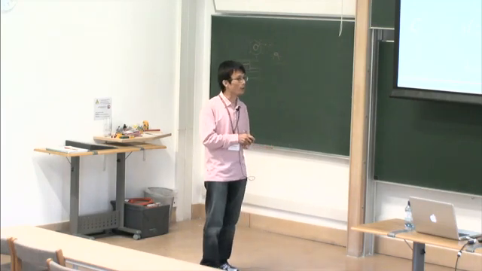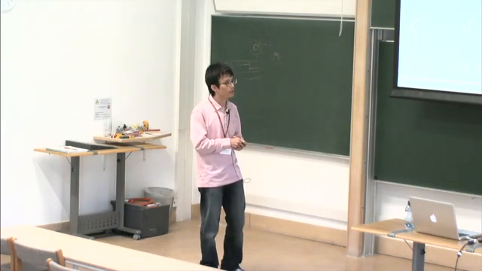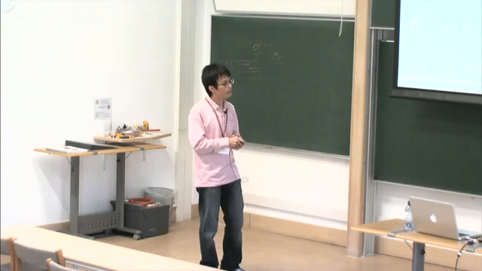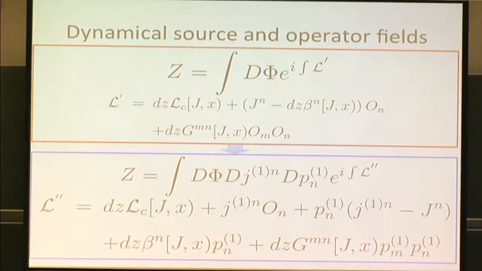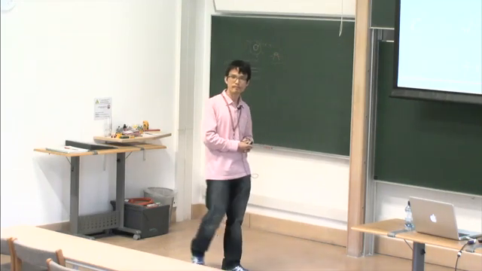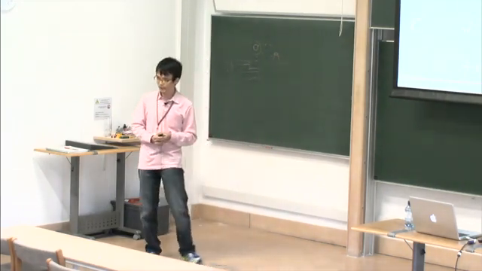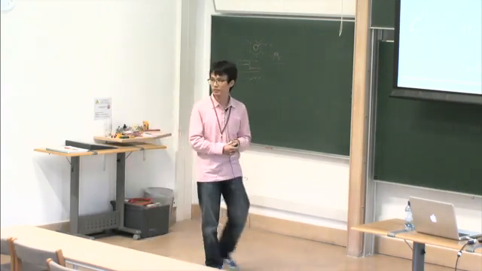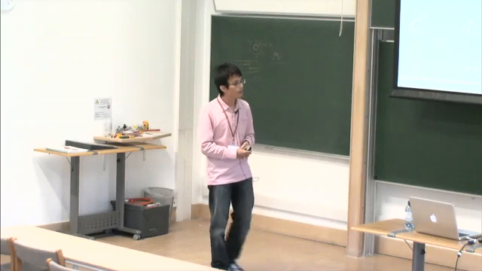This is encoded in the fact that the source seen by the low energy operator is dynamical. The dynamics of the fluctuations of this source is controlled by what you have integrated out in your RG procedure. This is similar to a Hubbard-Stratonovich transformation. Yeah, you can view it as a Hubbard-Stratonovich transformation.